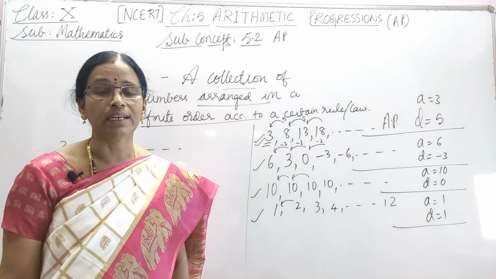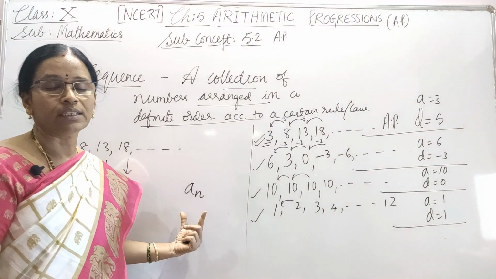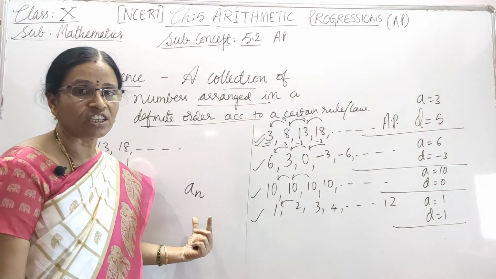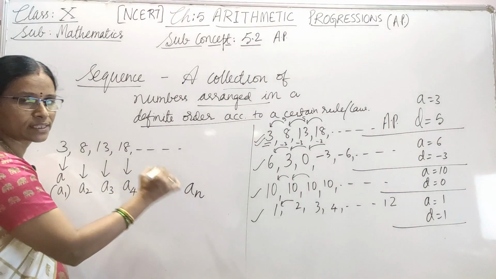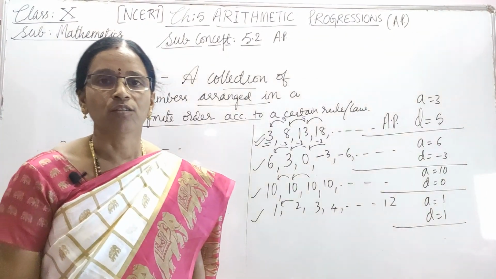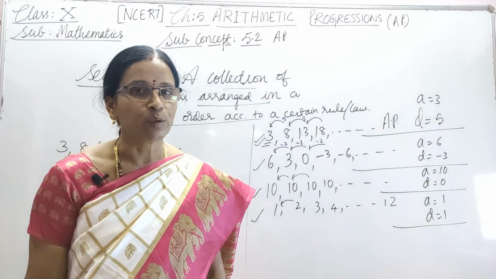So these are the terms of the arithmetic progression: A1, A2, A3, A4, etc., up to AN. This is how we denote the terms of the arithmetic progression.